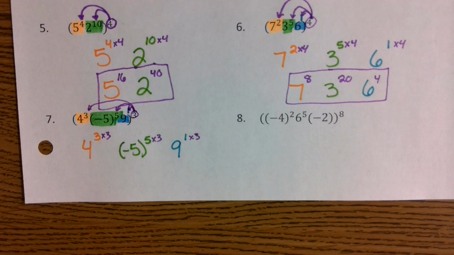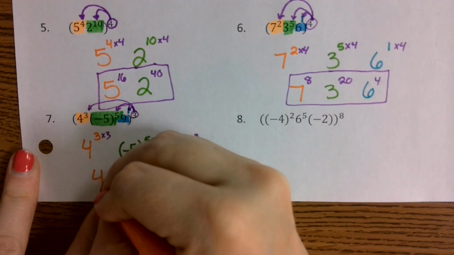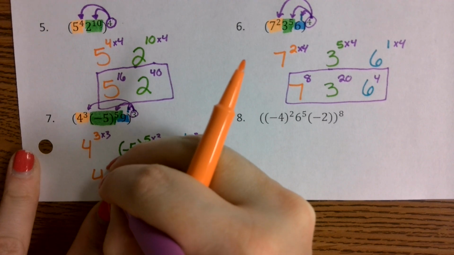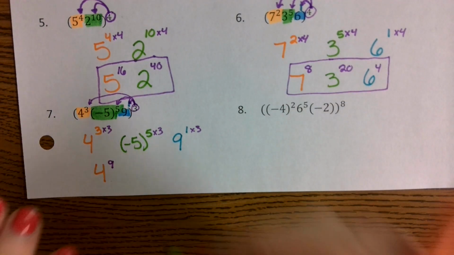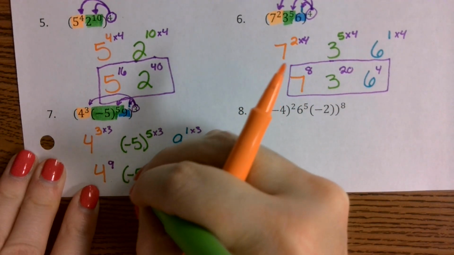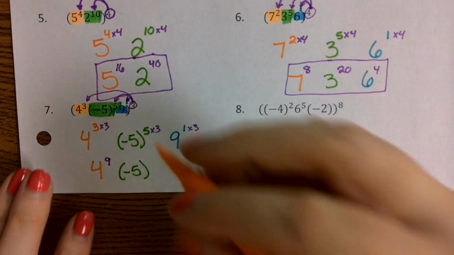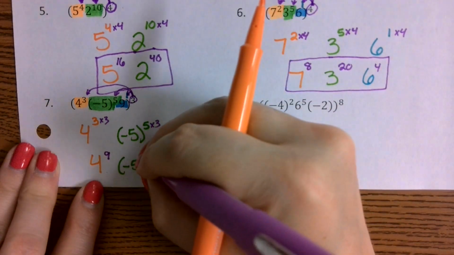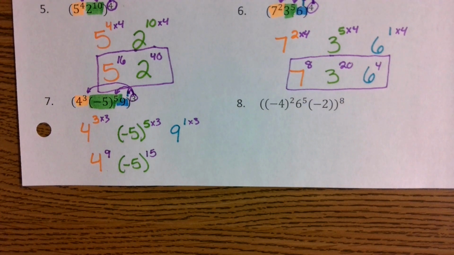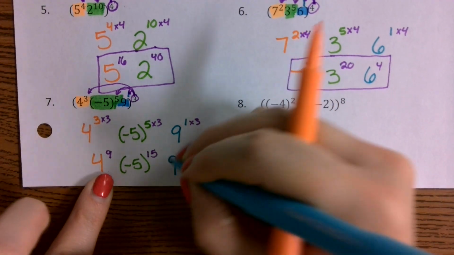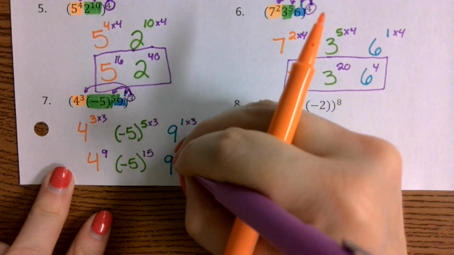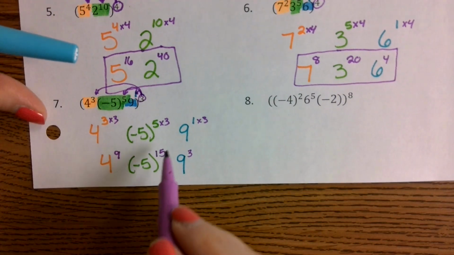Okay, so this now becomes 4 to the 9th power, negative 5 in parentheses to the 15th power, and 9 to the 3rd power. There's our final answer.